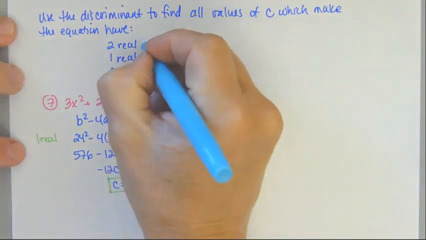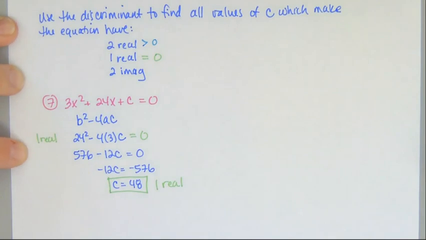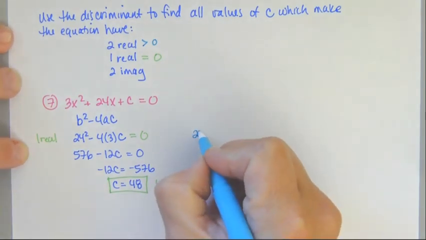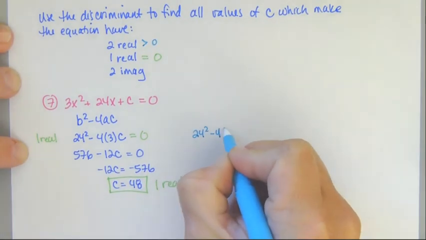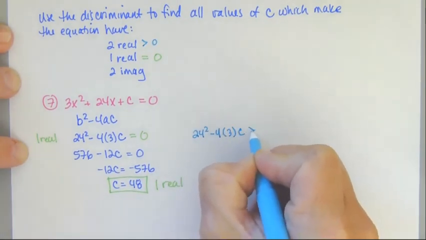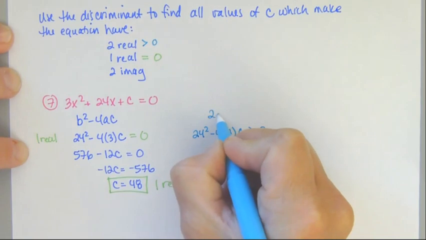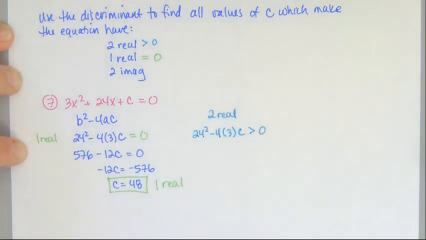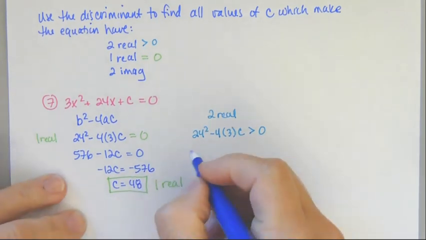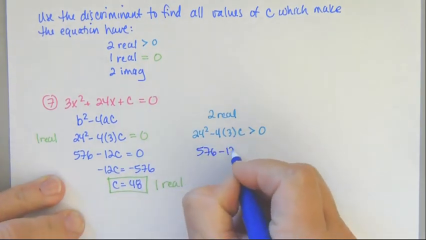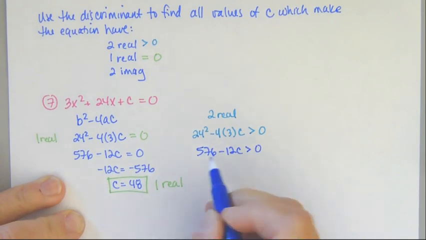All right, now, if I want 2 real, it means that the discriminant needs to be greater than 0. So I would do b squared minus 4 times a times c is greater than 0, and this is going to give me 2 real answers. When I do this work, I've got the same numbers here: 576 minus 12c is greater than 0.